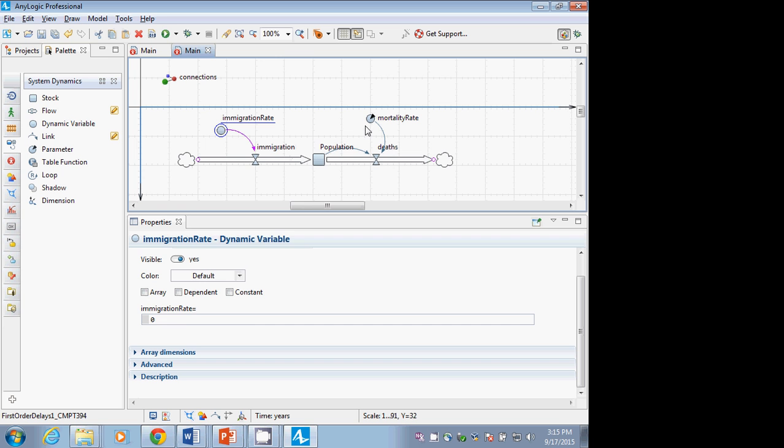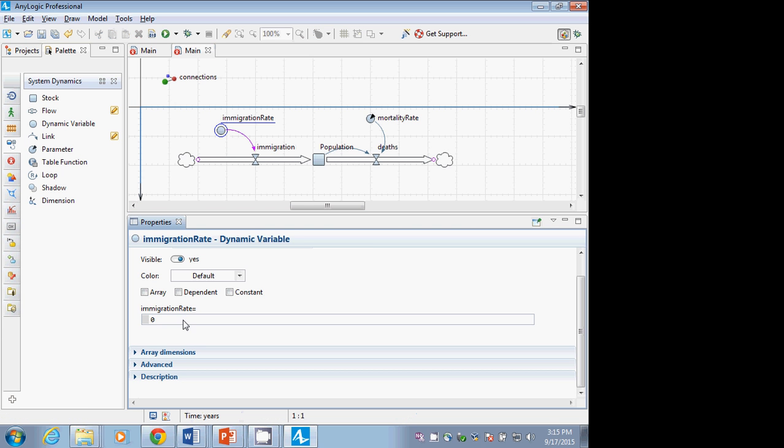And we set the formula for this to be population times mortality rate. And for the immigration rate, ladies and gentlemen, I'd like to set it to be a value of 10. Value of 10. 10 people per year coming in.